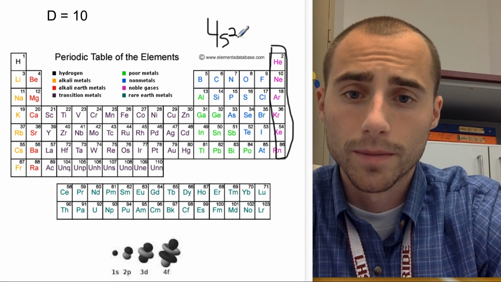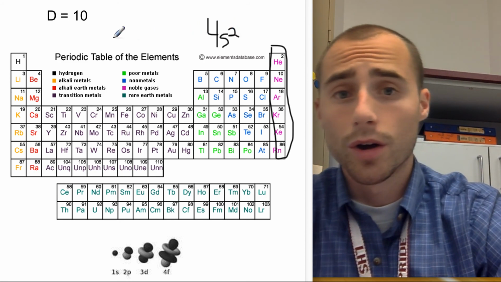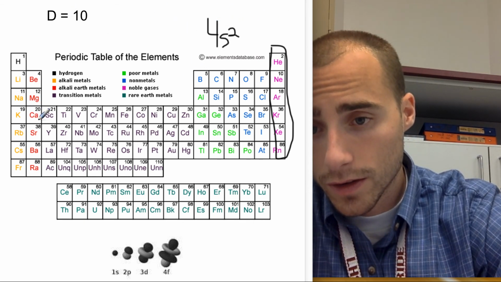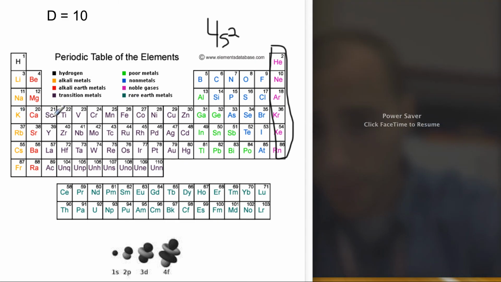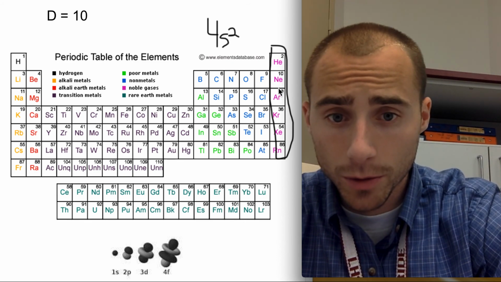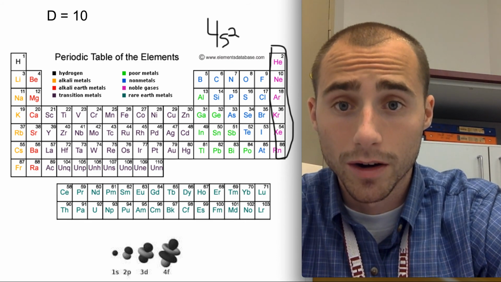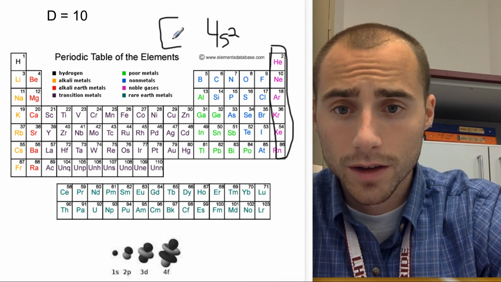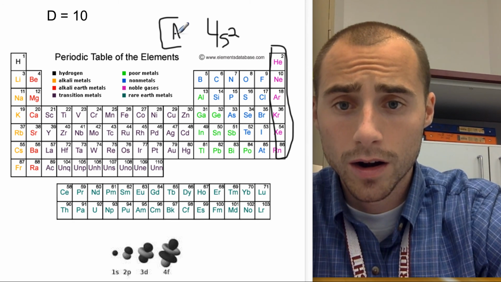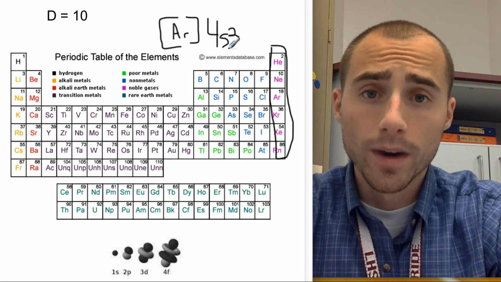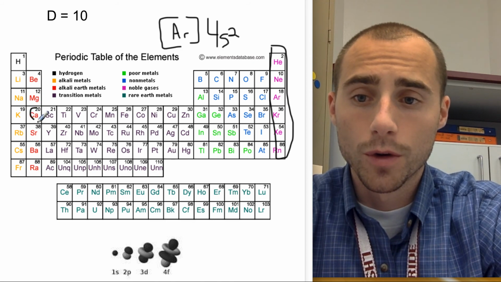Instead of working your way all the way back to 1s2 and having it really super long, you can abbreviate it. You see calcium here, you work back, you go to the row right above calcium and find the noble gas that came right before calcium, and that's going to be argon. And what you'll do is you'll go parentheses, write Ar for argon, argon, 4s2, and that will work for calcium.